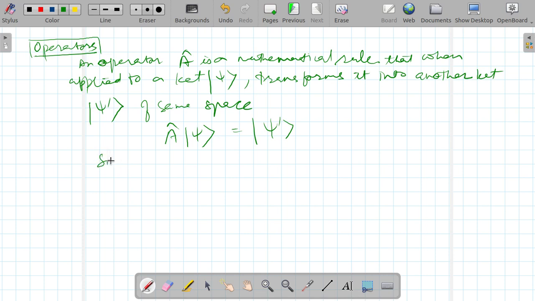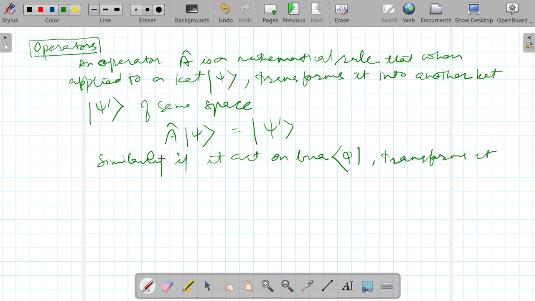Similarly, if it acts on a bra phi, it transforms it into another bra phi prime.